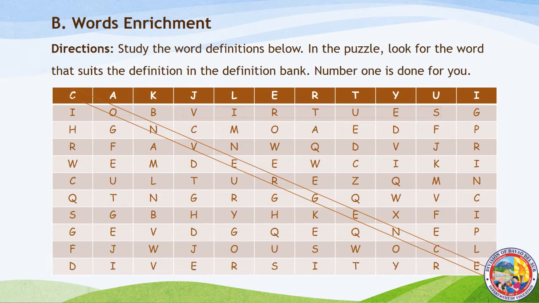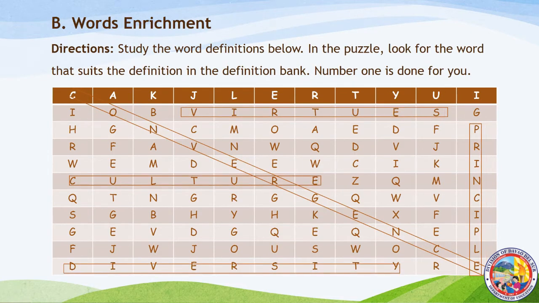Okay, so what's the first one? Right, virtues. The next word is principle. Culture. We have diversity. Congratulations, you've made it.